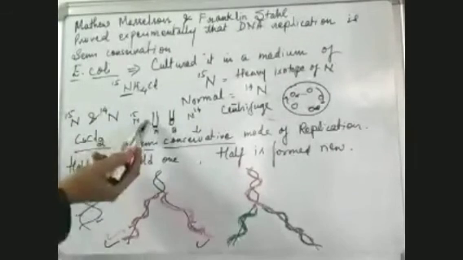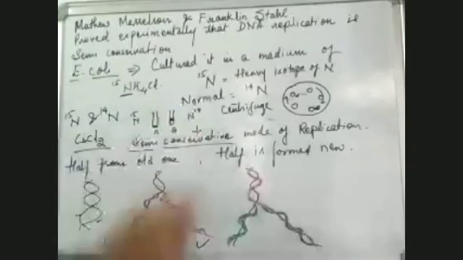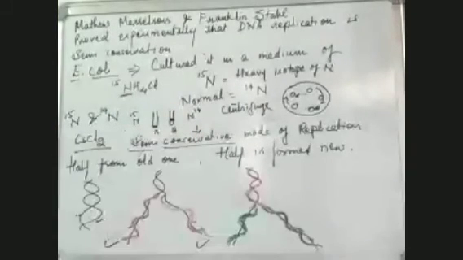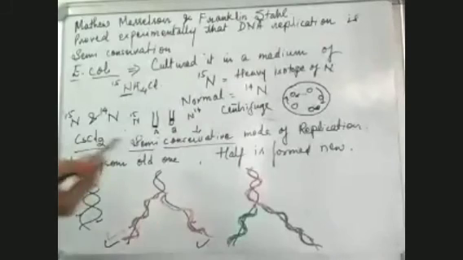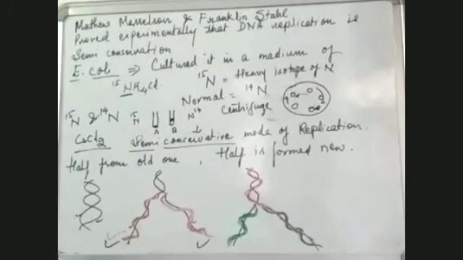It settled at the bottom of the centrifuge tube, whereas N14, which is the normal isotope of nitrogen, was lighter than N15, so it settled somewhere here. This was the basis used for the experimental proof given by Meselson and Stahl.